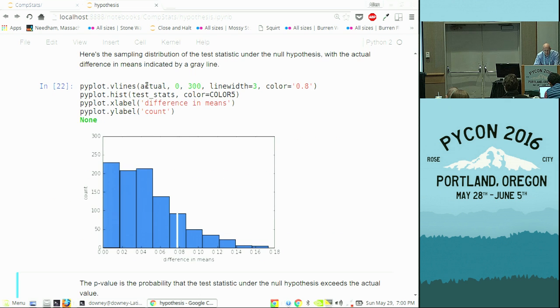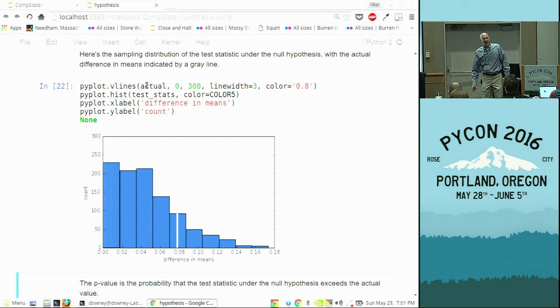And if I plot that distribution, this is the distribution of delta under the null hypothesis. Sometimes it's small. Sometimes it's as big as 0.16. And delta star is the gray line that you can't quite see there. Delta star is 0.078.